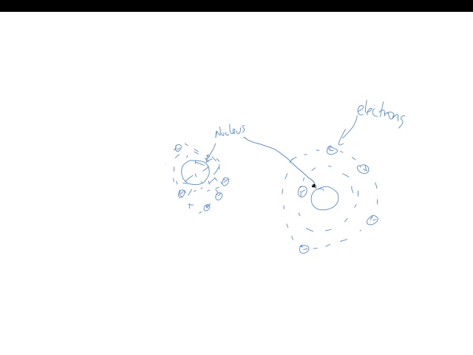But this thing called the nucleus is actually composed of smaller particles, protons. I don't know what that line is.